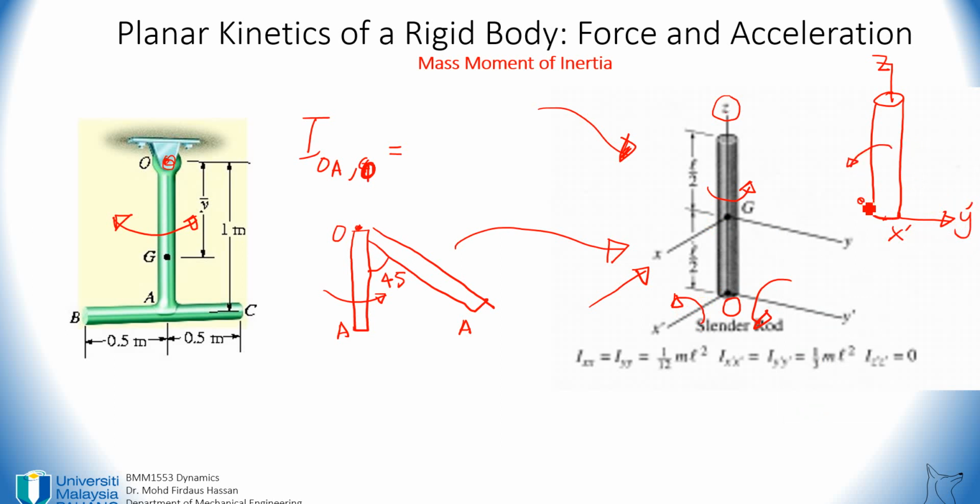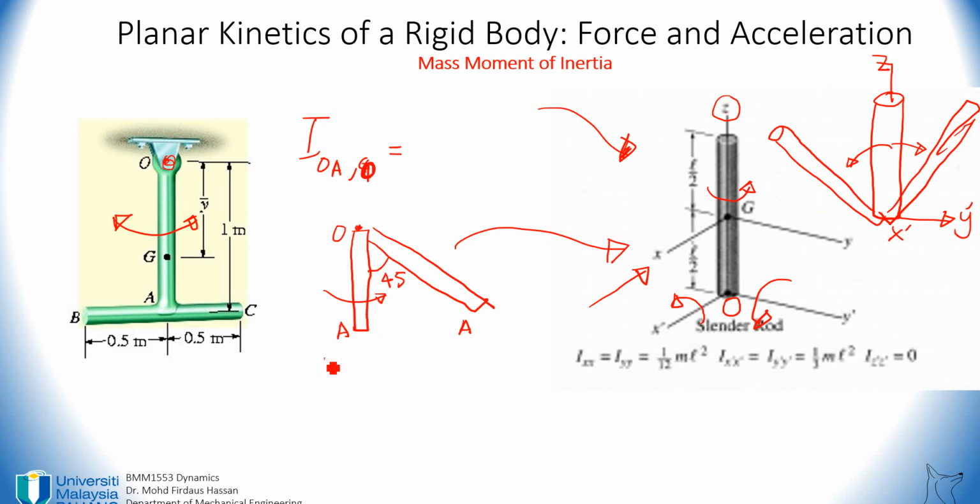When it's rotated 45 degrees to the left, it is like this, right? If it's rotated to the right for 45 degrees, it will be like this, right? So this is similar to what happened to this rod OA, correct?